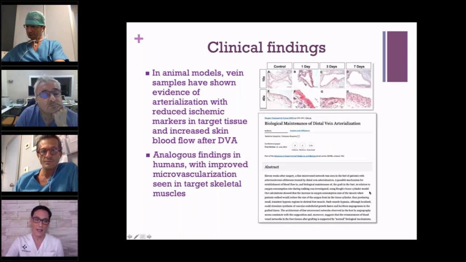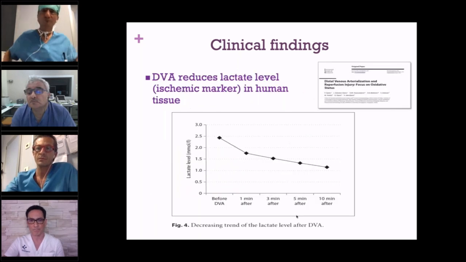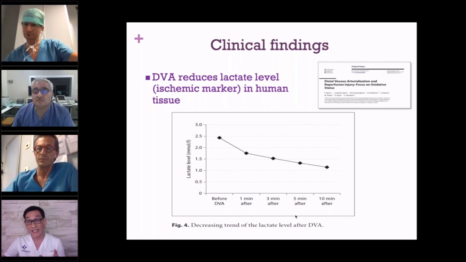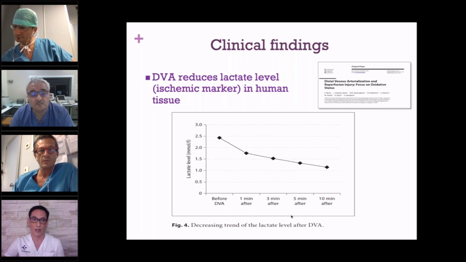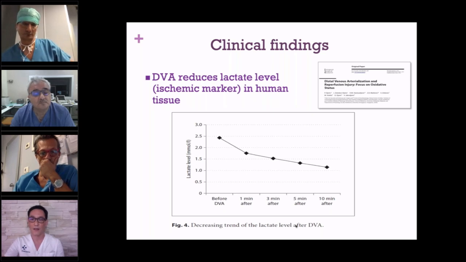And this effect is analogous, it has been seen in humans with an improved microcirculation in the target skeletal muscles following DVA. If we have a look at lactate levels, which is an ischemic marker of human tissue, you will see that the lactate curve decreases over time following a DVA.